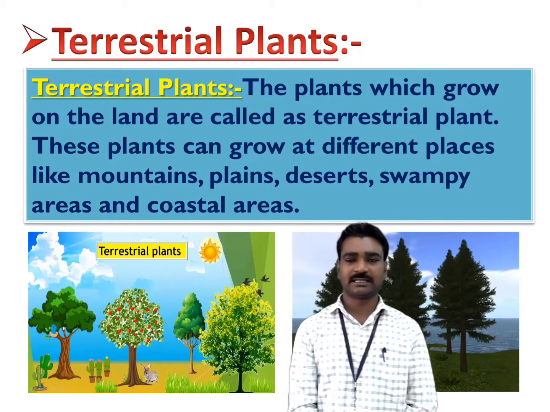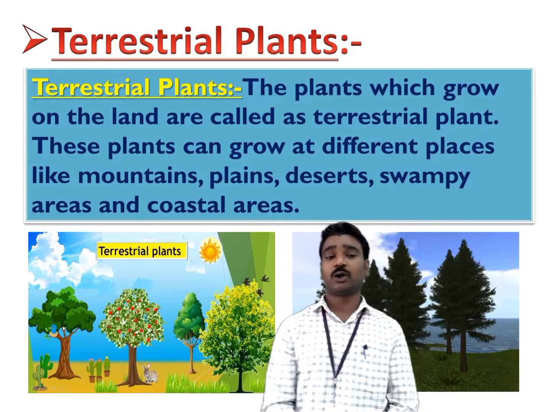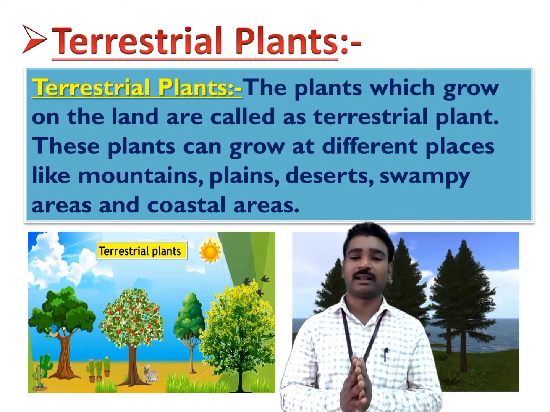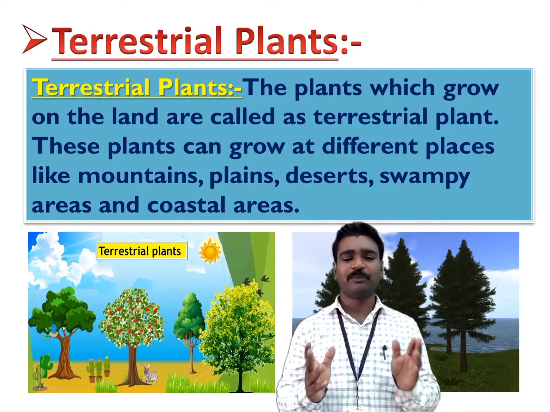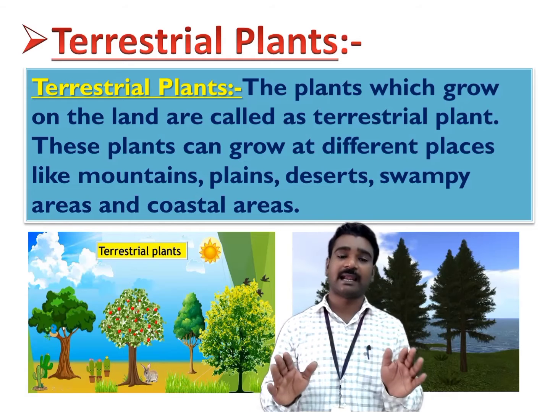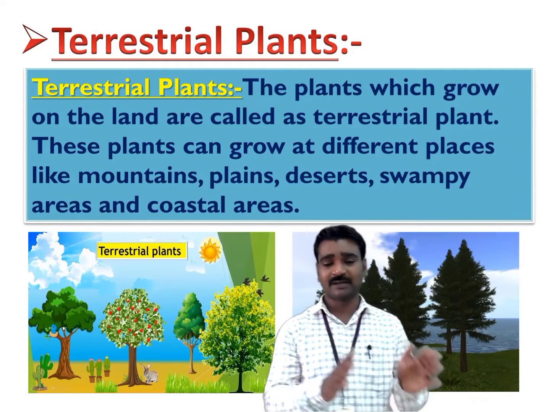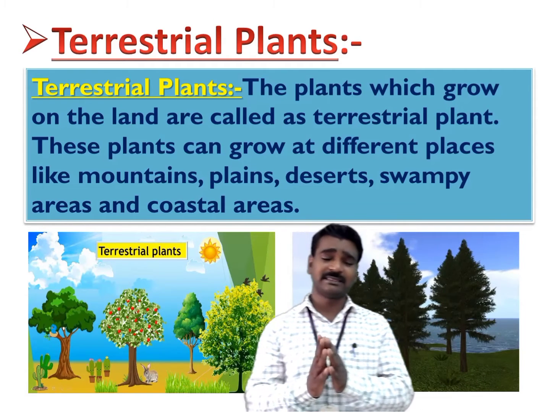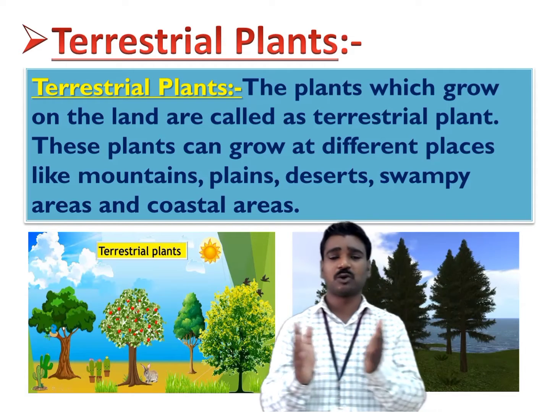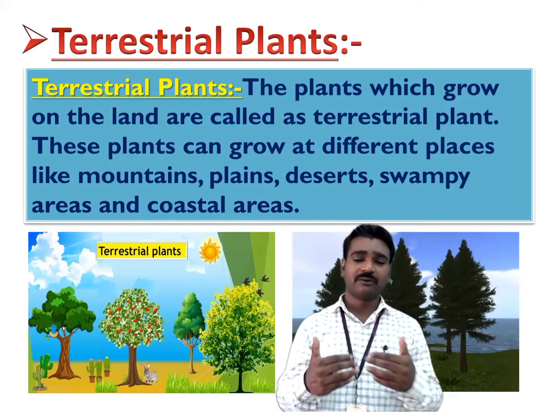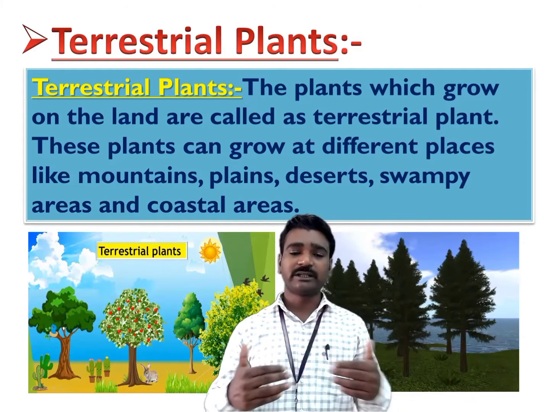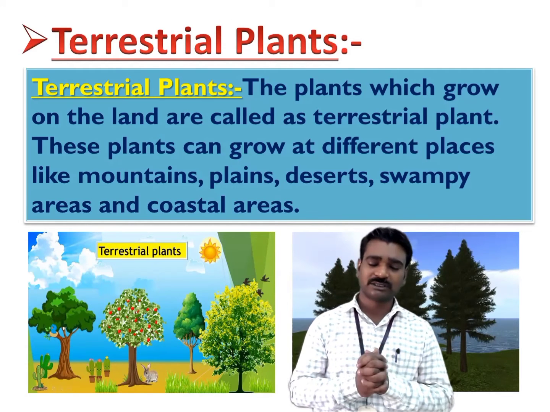My dear students, the plants which grow on the land are called terrestrial plants. Means what? Any plant which grows on land, it may grow on mountains, on plains, in deserts, in swampy areas, or along river banks or water bodies, that is the coastal area.